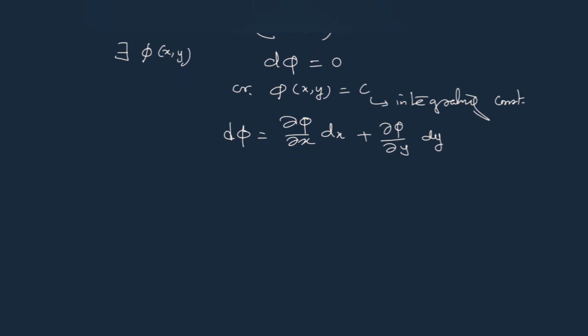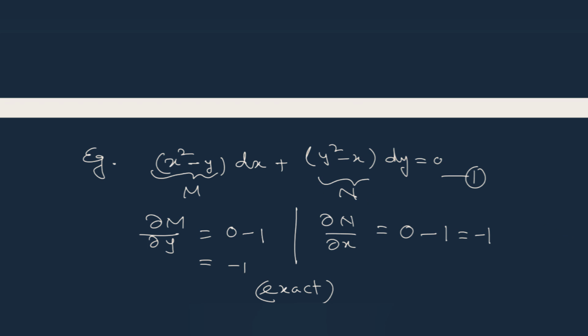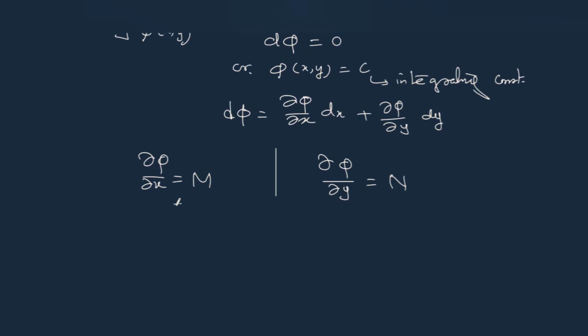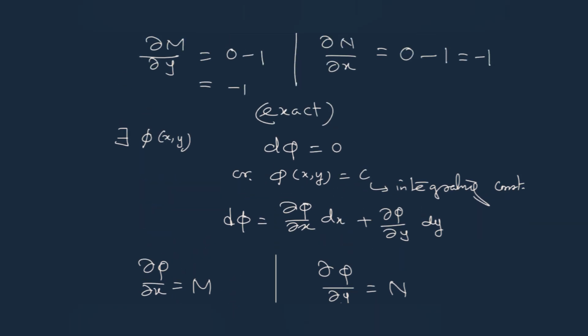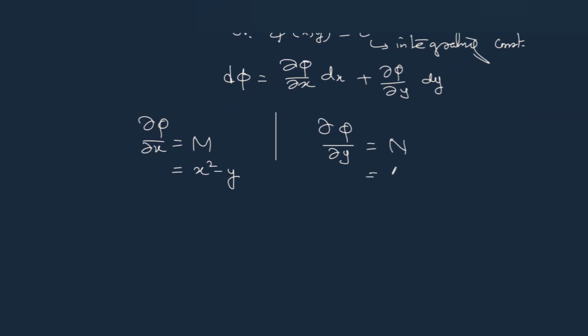So del phi del x is our M and del phi del y is our N. But we have M is x square minus y, so let's put it here, x square minus y, and on the other hand N is y square minus x.